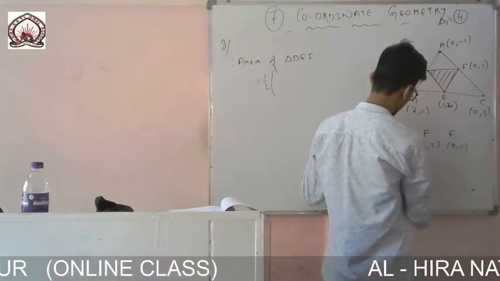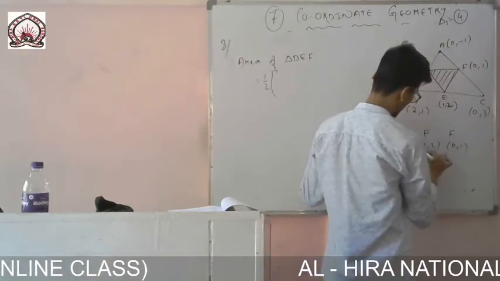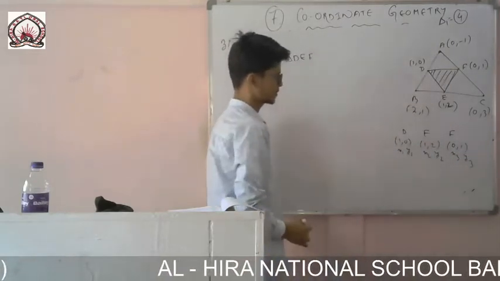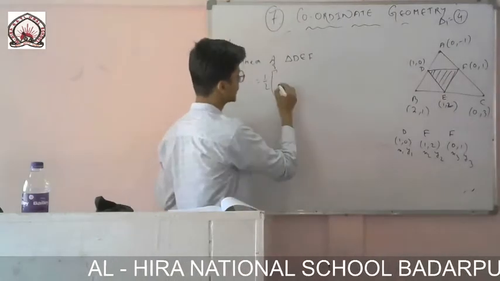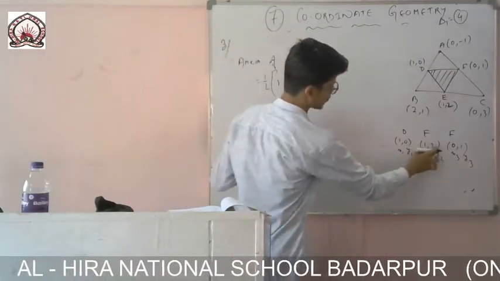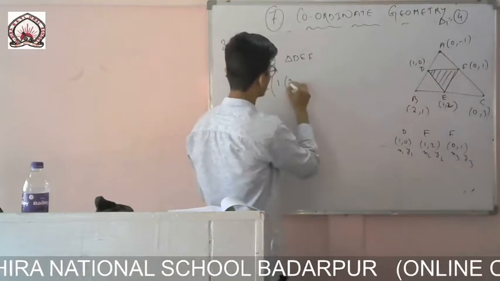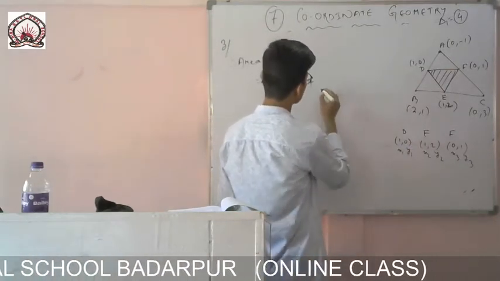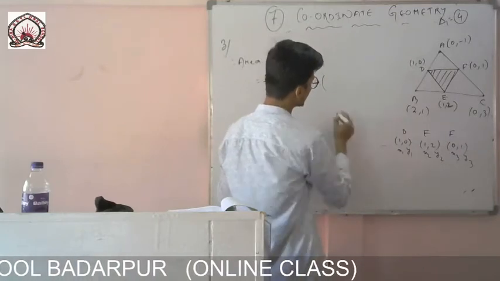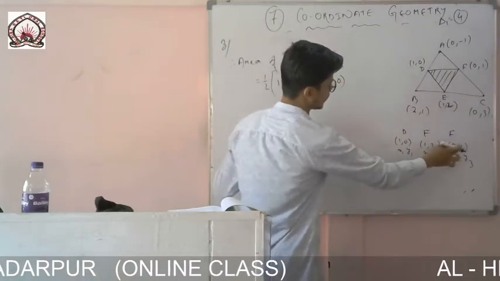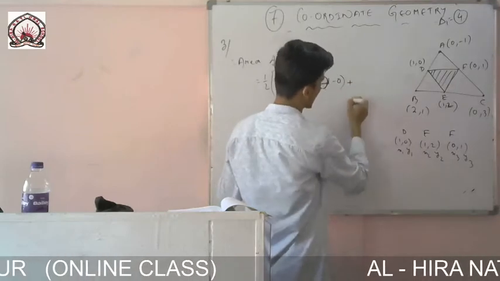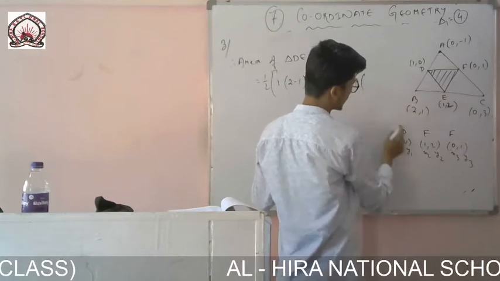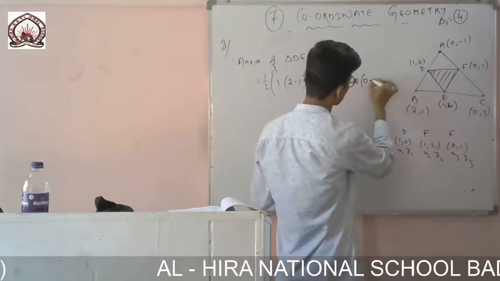If I name them, it will be x1 y1, x2 y2, x3 y3. So now I write x1, it is 1 bracket 2 minus 1, plus, then again x2 it is also 1, then 1 minus 0, then plus the last one x3 it is 0, multiplied by 0 minus 2.